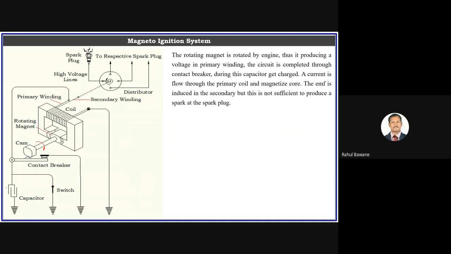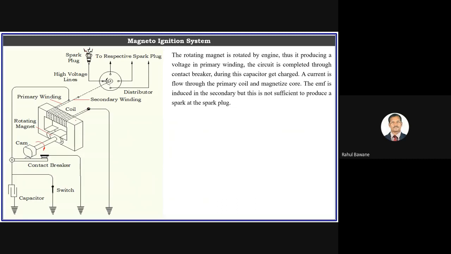So there is one permanent magnet here. This permanent magnet is attached to a shaft. So whenever our engine runs, the shaft will move. That means this permanent magnet will move. There is a core, and on this core there is a primary winding and a secondary winding.